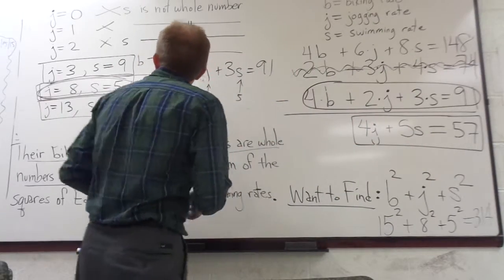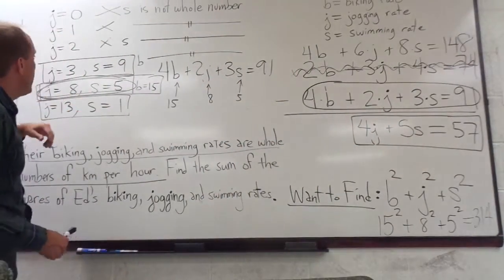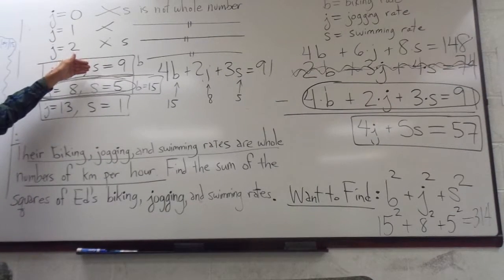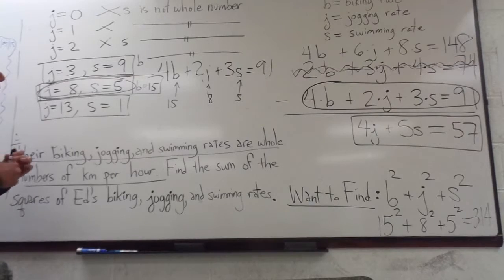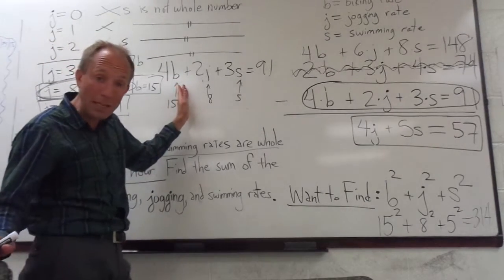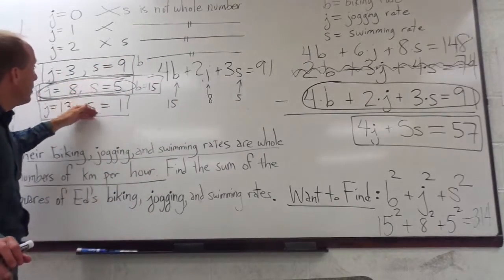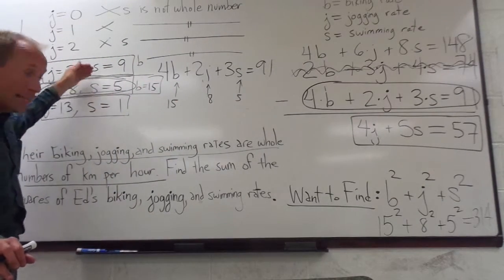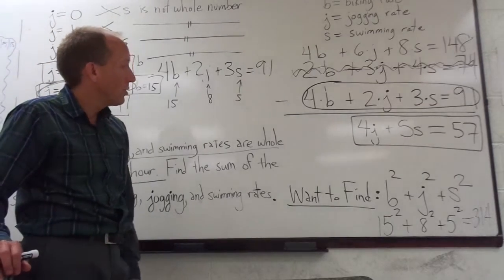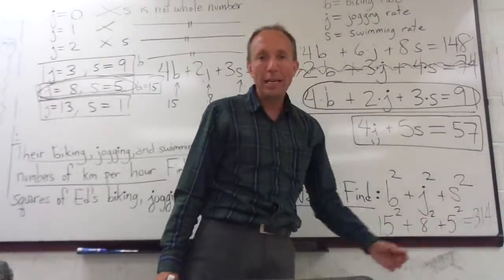So we can just make a list, and we find there are 3 final candidates that are possible in this scenario. And only one of those 3, when I go back to the equation with b in it, gives us a value of b that works. So then we can plug in the numbers and get the answer.